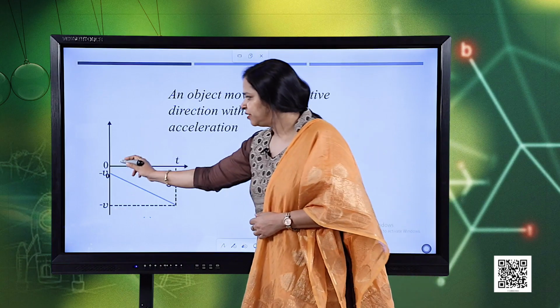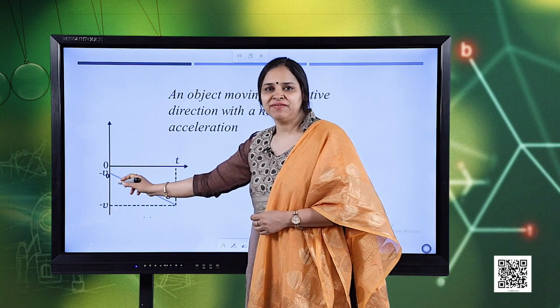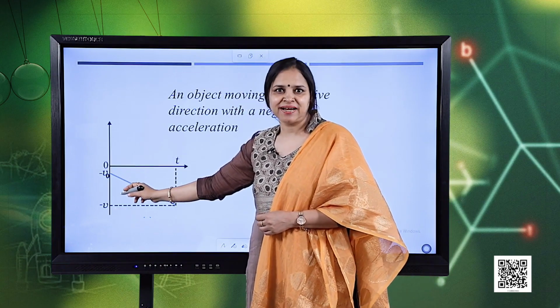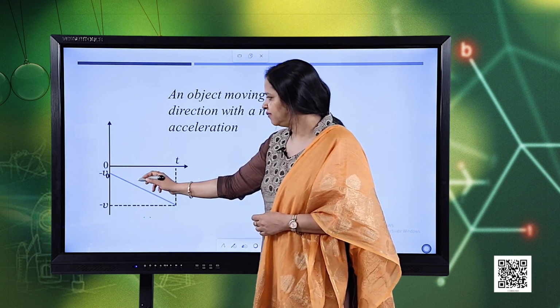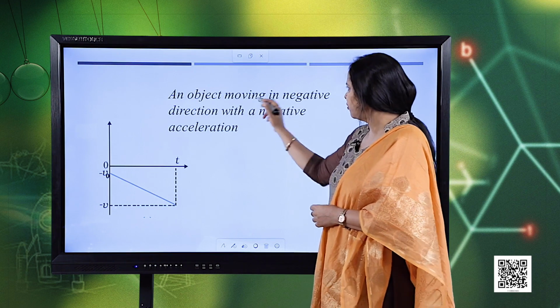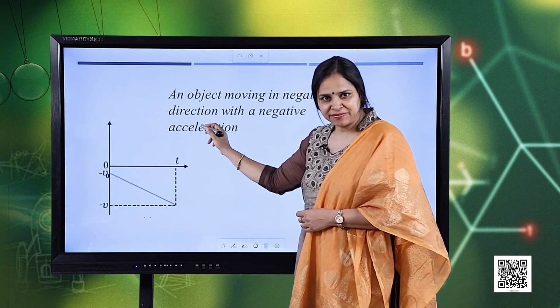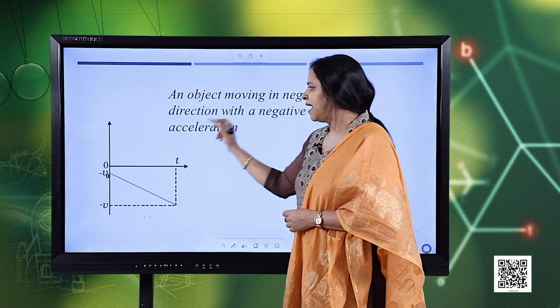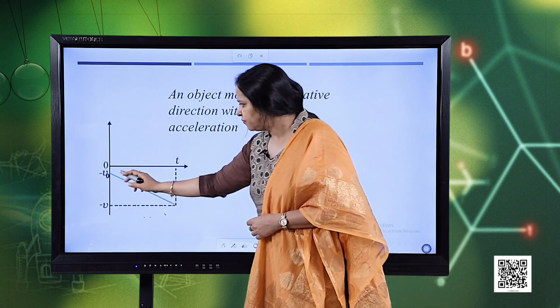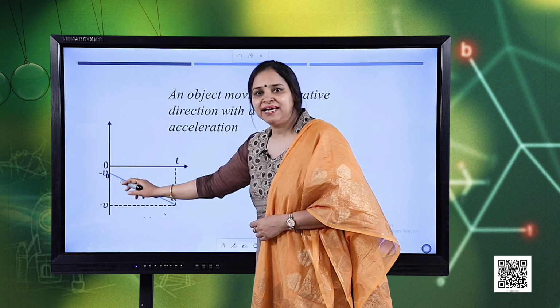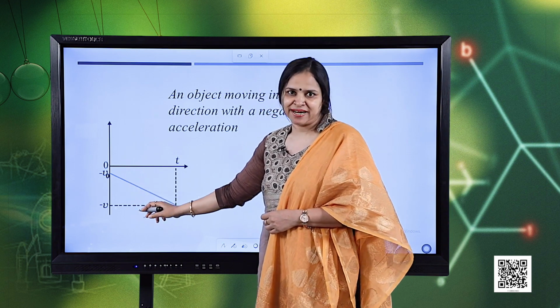At t equal to 0, the initial velocity is towards the negative direction of the velocity axis. So, the velocity of the object is in the negative direction and the acceleration is also negative, because we can see that with time the velocity is increasing in the same negative direction.